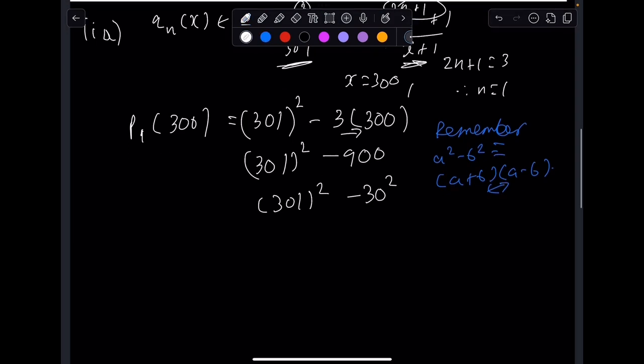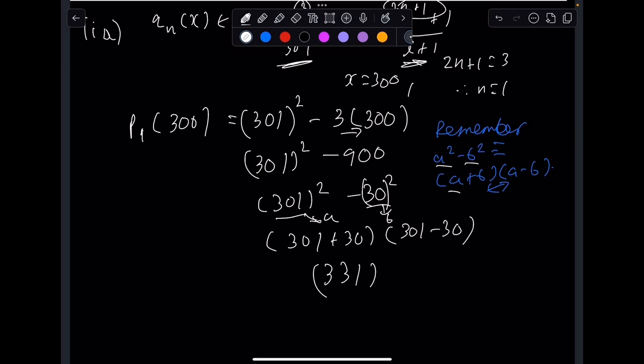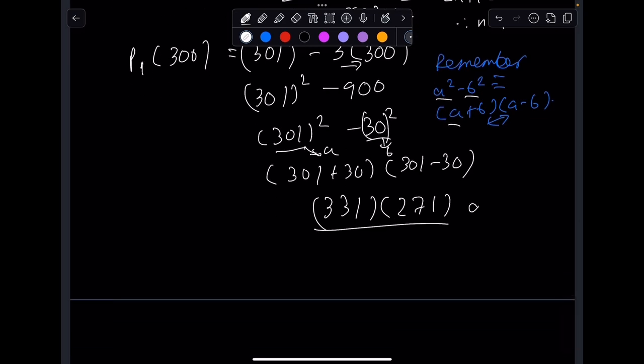For example, so we can rewrite this as this. So this is our a and this is our b, right? So a plus b, so 301 plus 30, and then times by 301 minus 30. So it's 331 times by 271. So those are two factors as required, right?